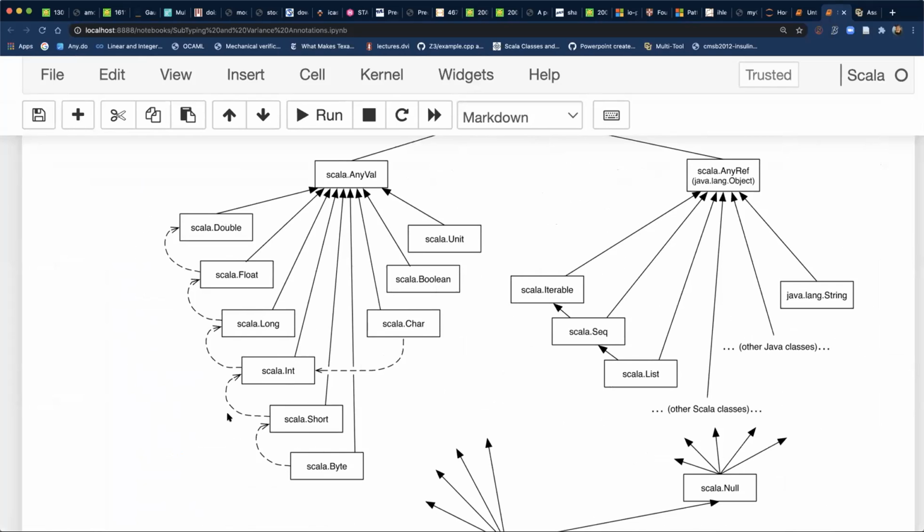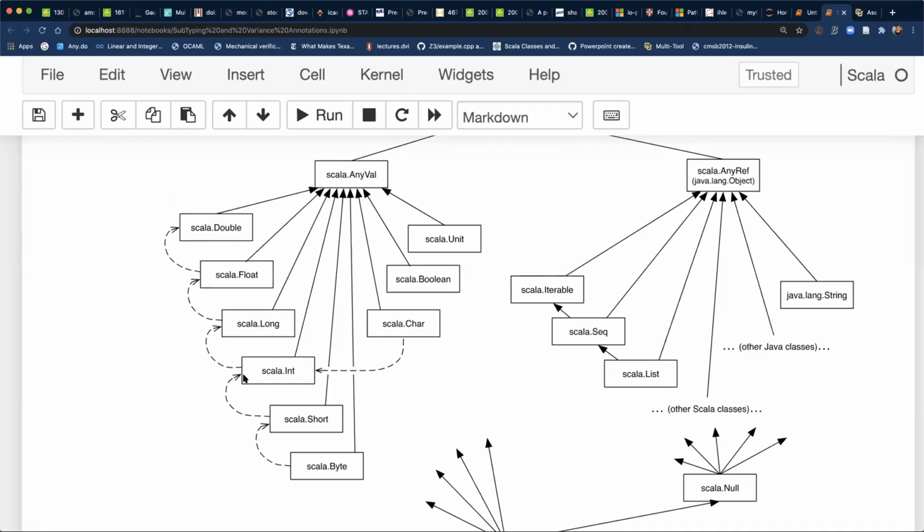And these dashed arrows are referred to as implicit conversion. What it means is you can typecast a character to an integer in Scala without any problems. You can typecast an integer to a long, a long to a float, a float to a double. But these aren't subtyping relationships.